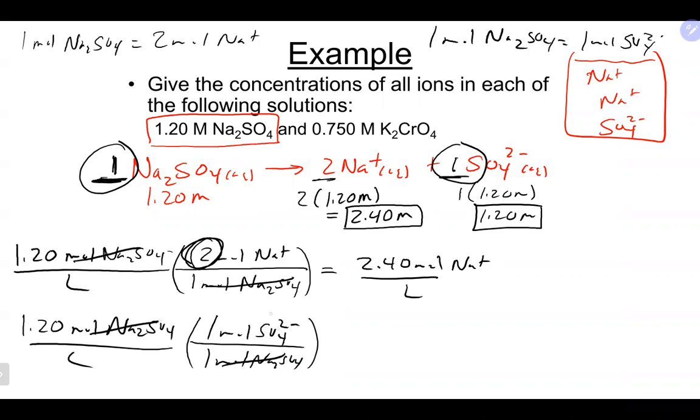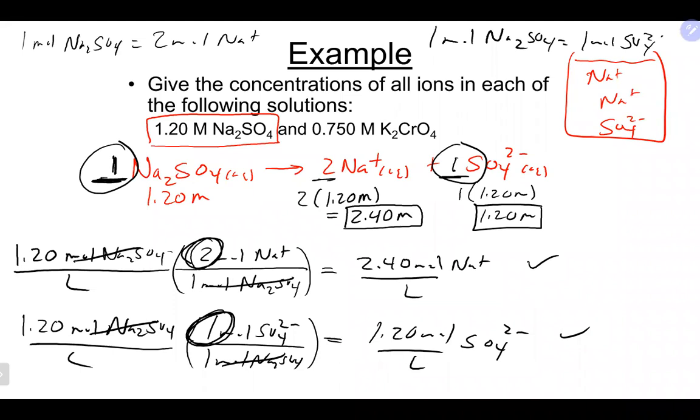Moles of the whole thing cancel, basically multiplying by 1, and that gives you 1.2 moles per liter of sulfate. So this is the longer version of multiply by 2 or multiply by 1. In a calculation, you could just quickly multiply by the coefficient, and it's a quick way to get to the concentration of just the ions.